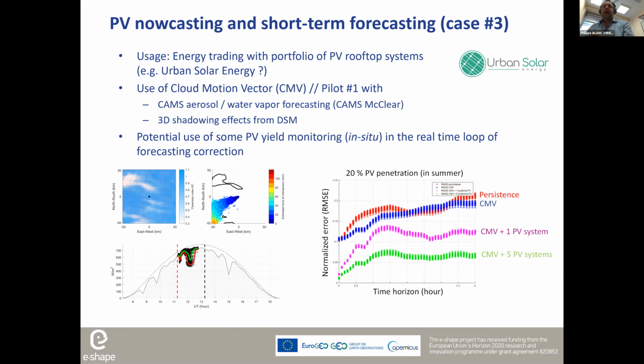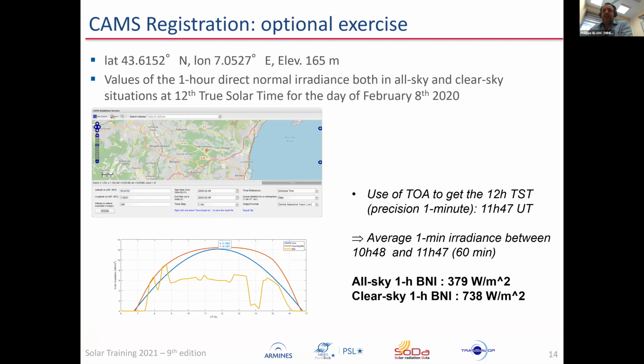And in that way, you will be able to provide nowcasting and forecasting of the PV production of the sets of PV rooftops using the techniques of CMV and mixing of the 3D shadow representation. Okay, this is for the three use cases we have in mind for pilot 2.